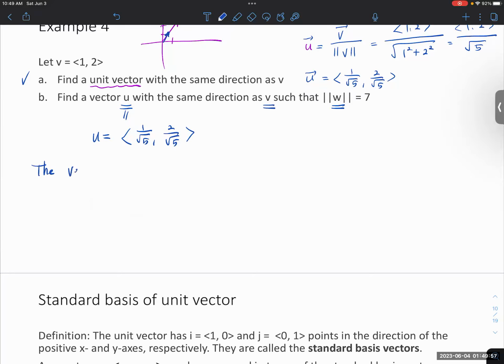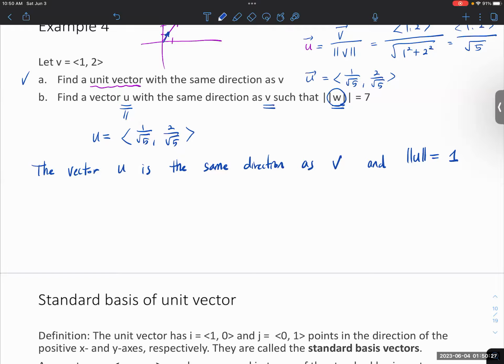The vector U is the same direction, correct, as V, and we know the magnitude of U is going to be 1. That's the definition of the unit vector. So there is a W, right? W is another vector, and it has a magnitude of 7.